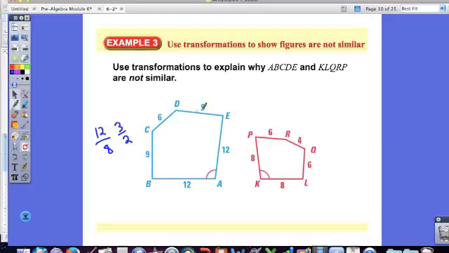This side here, 9 to 6, is 3 to 2. This side here, 6 to 4, is 3 to 2. 9 to 6 is 3 to 2, and 12 to 8 is 3 to 2.